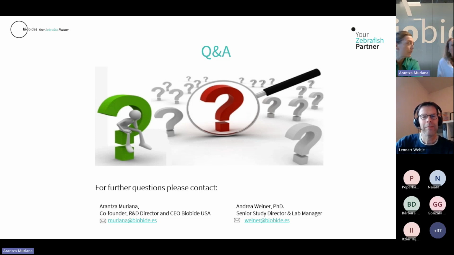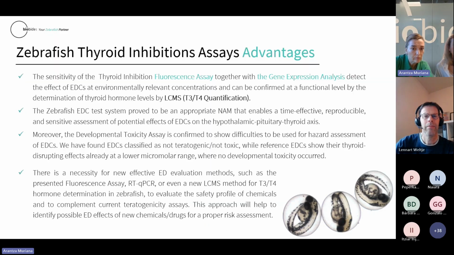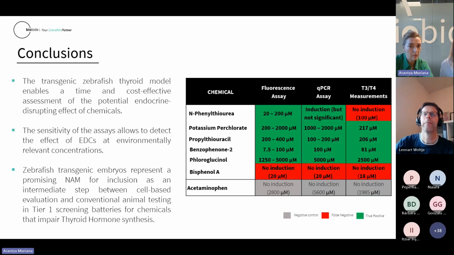Well, we perform the assay under the EC10 value, so below systemic toxicity, and the unit is micromolar. If you go to the slide, there is a table in which we compare the sensitivity of detection of each assay and for each compound.